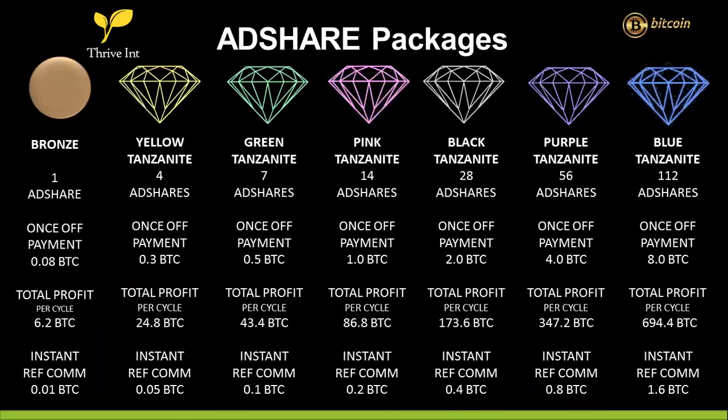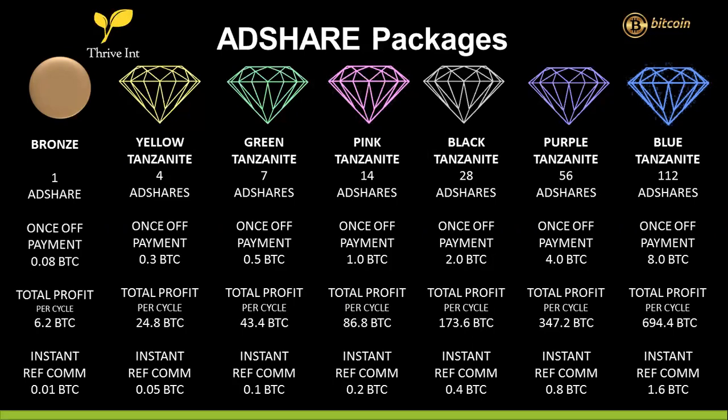And before I get into the packages and the Adshare specifically, it's important to understand the main structure of Thrive International and where we're building our potential passive income for years and years to come. So we built the main structure of Thrive International on a force matrix, and we call it a 2x2 or a 2x10 force matrix.